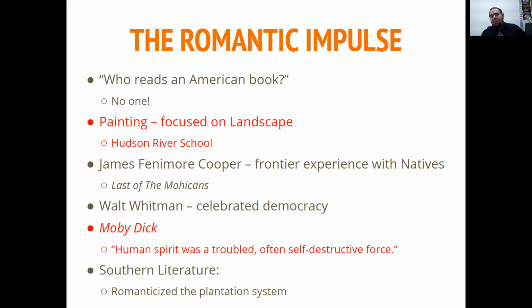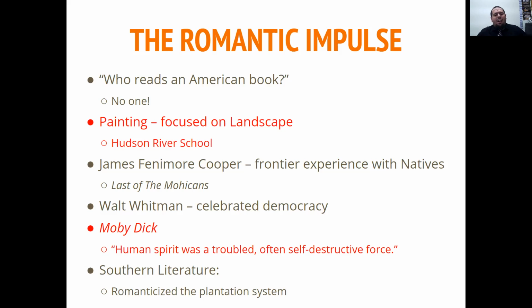There's a real beginning in painting, focusing on the landscape of the United States, found from its beginnings at the Hudson River School, where they are focusing on the outdoors, the frontier, painting it how it is. Okay, Hudson River School, very, very big to know.